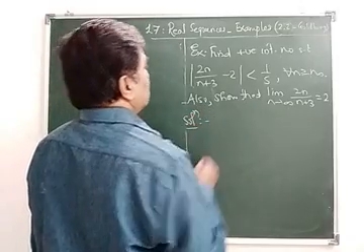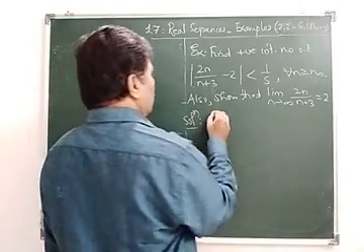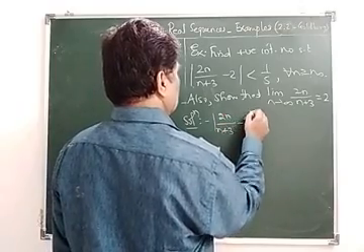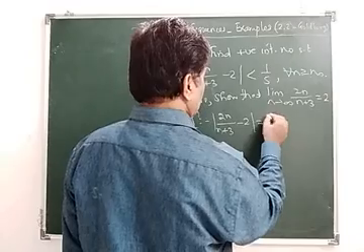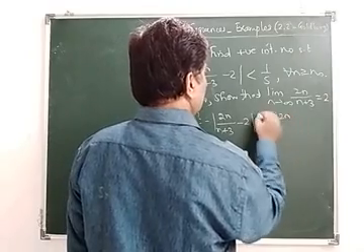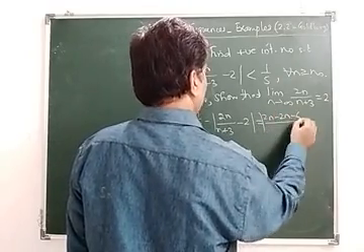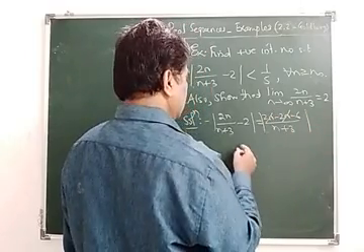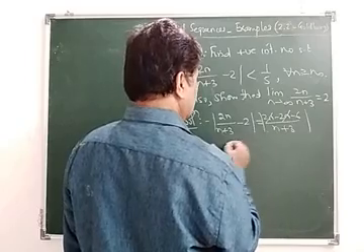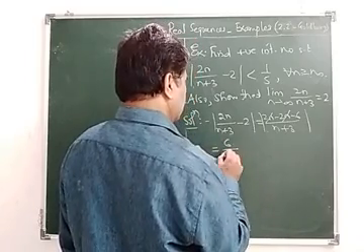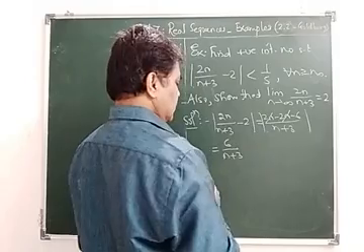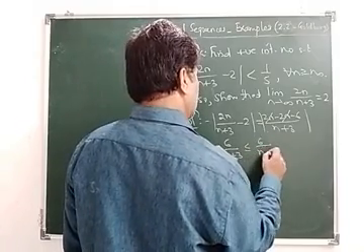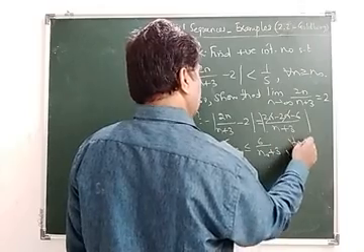Solution: mod of 2n upon n plus 3 minus 2 is equal to 2n minus 2n minus 6 upon n plus 3. The 2n gets cancelled, which is equal to 6 upon n plus 3. This is less than or equal to 6 upon n naught plus 3 for every n greater than or equal to n naught.